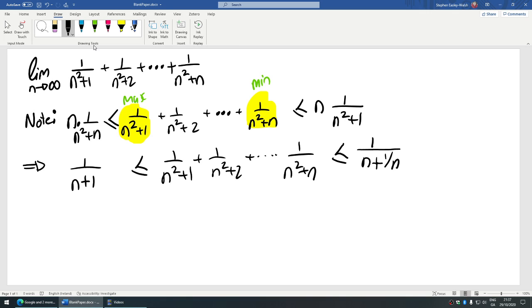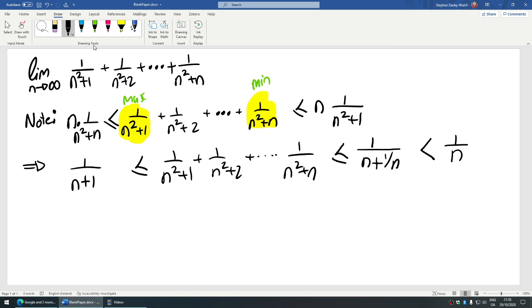Now, if I make the denominator smaller, I make the overall fraction bigger. So, yeah, that is 1 over n there.